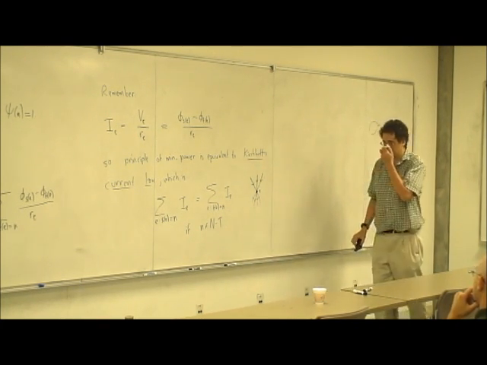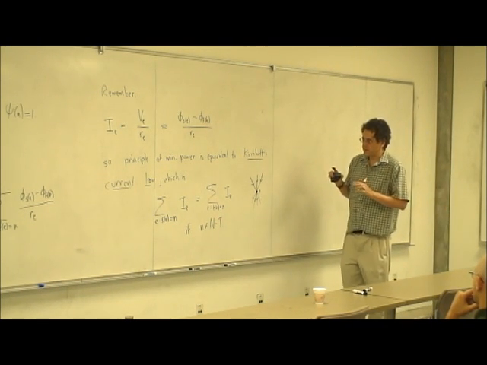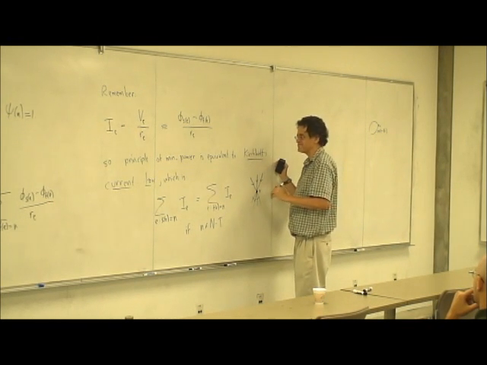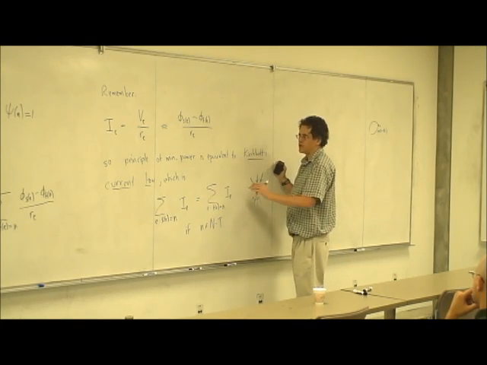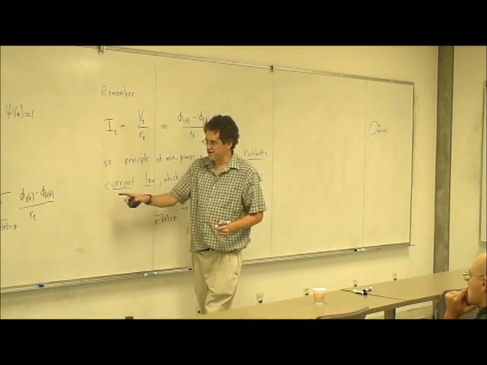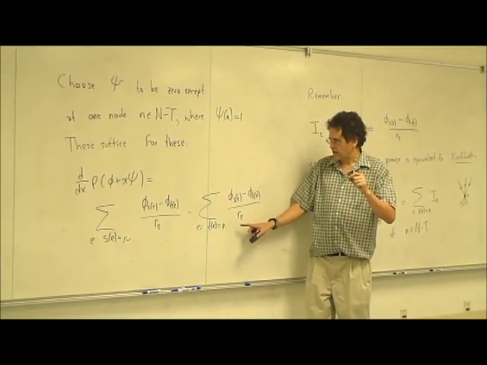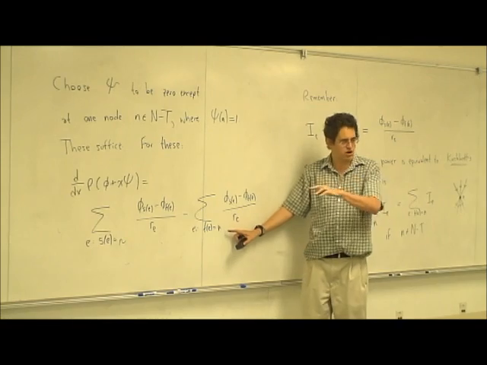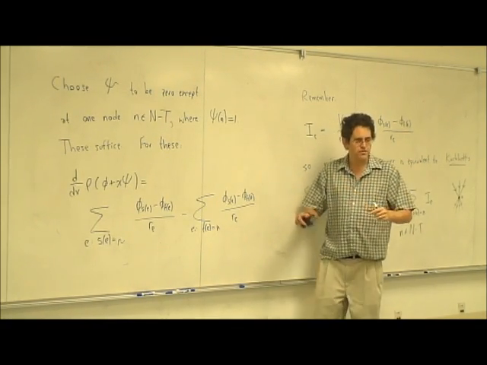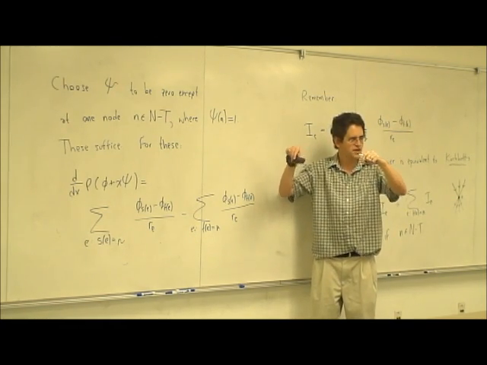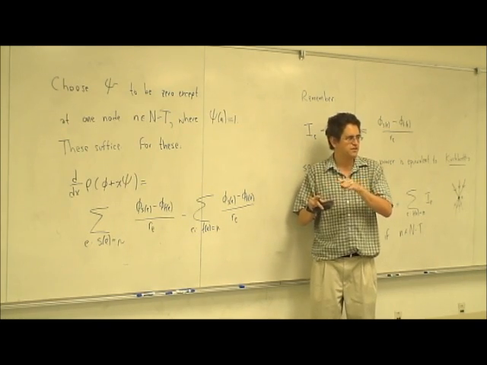Okay, so the idea is that the principle of minimum power, or equivalently, Kirchhoff's current law, gives you a bunch of relations that have to hold, here they are over here, for the potentials at all the nodes that aren't terminals. And so if you were lucky, you could fix the potential at the terminals, and then these equations would determine what the potential is at the other vertices, at the other nodes.